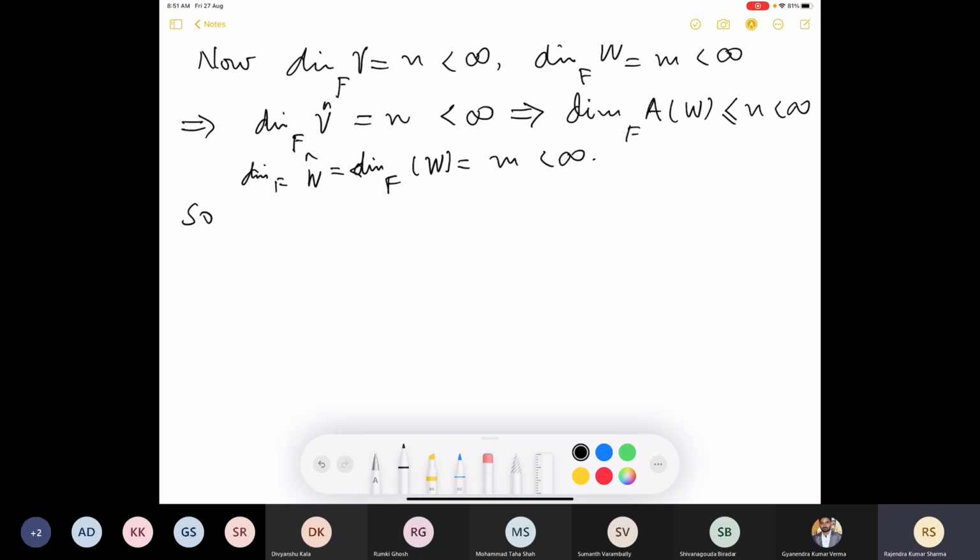So the isomorphism of V hat by the annihilator of W onto W hat makes both sides finite dimensional.